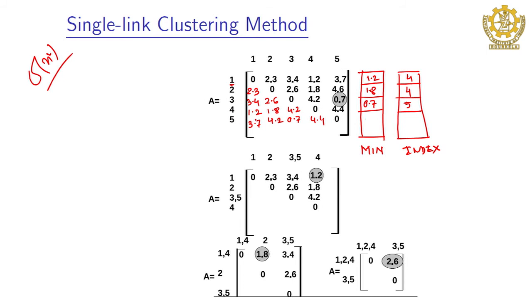Next is the fourth row. So, which one will be minimum? 1.2, right. So, the minimum is 1.2 and this is 1, and then fifth, which one is minimum? 0.7, right. So, this is 0.7 and then 3.